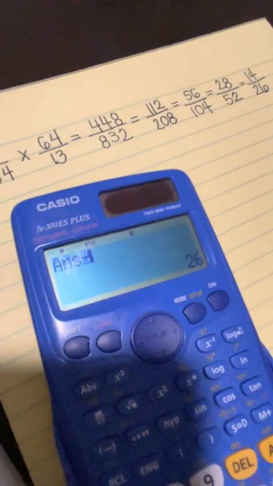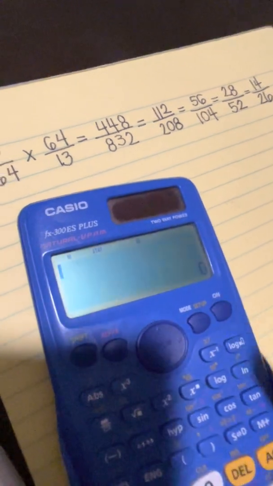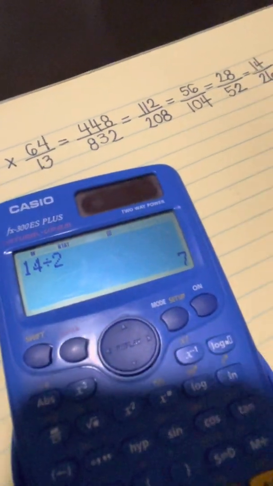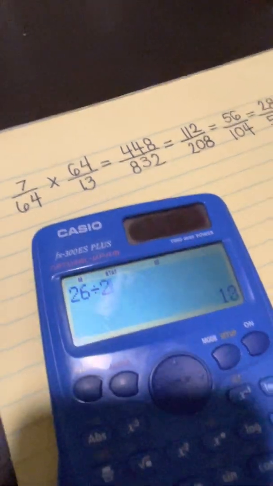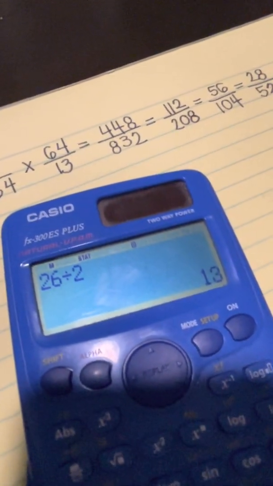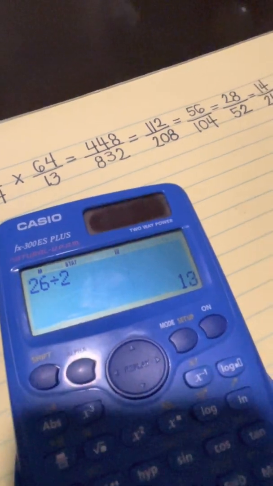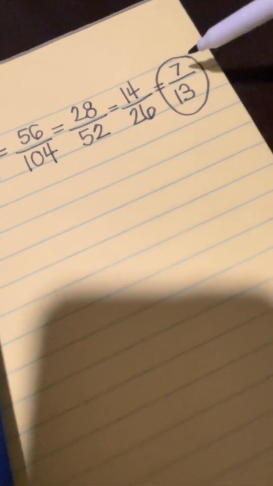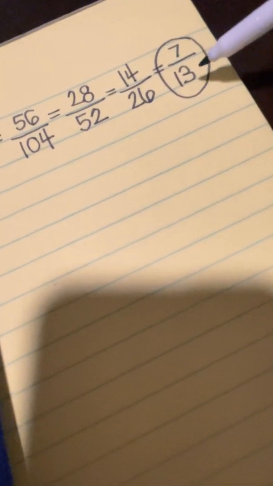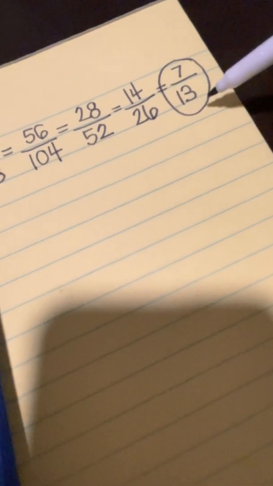I think we could still keep going. 14 divided by 2 equals 7, and 26 divided by 2 equals 13. Now nothing more can go equally into the top and the bottom. The only numbers that can go into 7 are 1 and 7, and the numbers that can divide into 13 are 1 and 13.